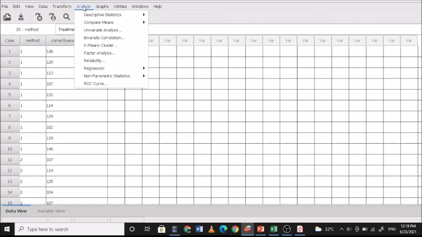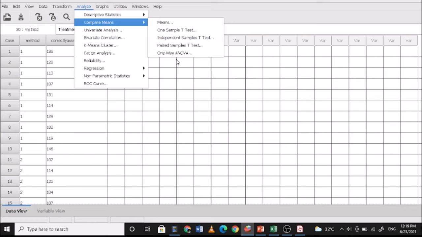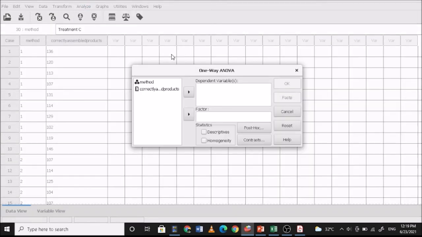So you can now analyze, compare means, one-way ANOVA. For your factor, that's the grouping method. And for the dependent variable, encode your correctly assembled products. Then descriptives and homogeneity.